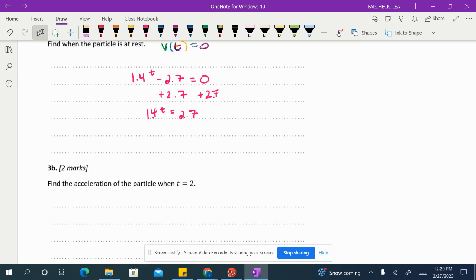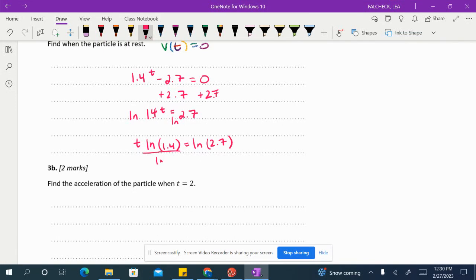So now I have my variable up in the exponent. In order to get that variable down, I'm going to use logarithm laws to drop that exponent down in front as a coefficient. Okay, so I'm going to ln both sides, and I am going to get t times the ln of 1.4, and that's going to be equal to the ln of 2.7.